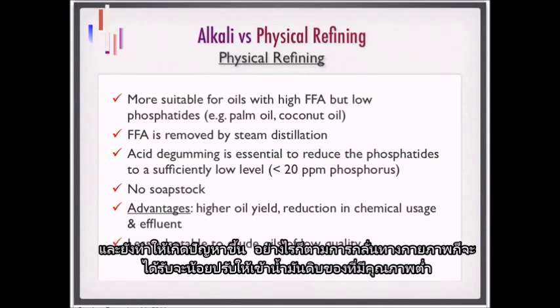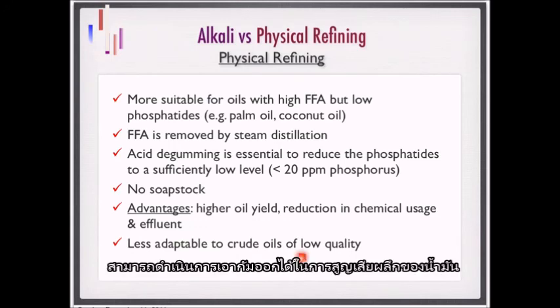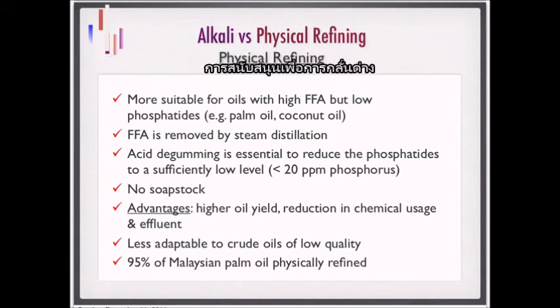However, physical refining is said to be less adaptable to crude oils of low quality, which contain a high amount of phosphatides, because we need to remove the gums in the degumming process, which can increase the losses of the oil. In Malaysia, physical refining is more popular. Actually, more than 95% of Malaysian palm oil uses physical refining as opposed to alkali refining.